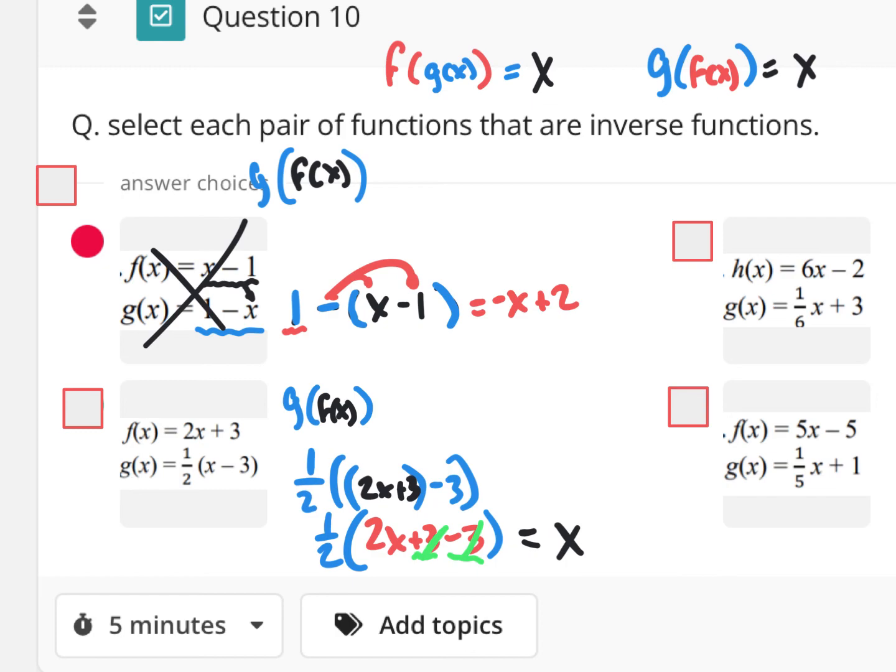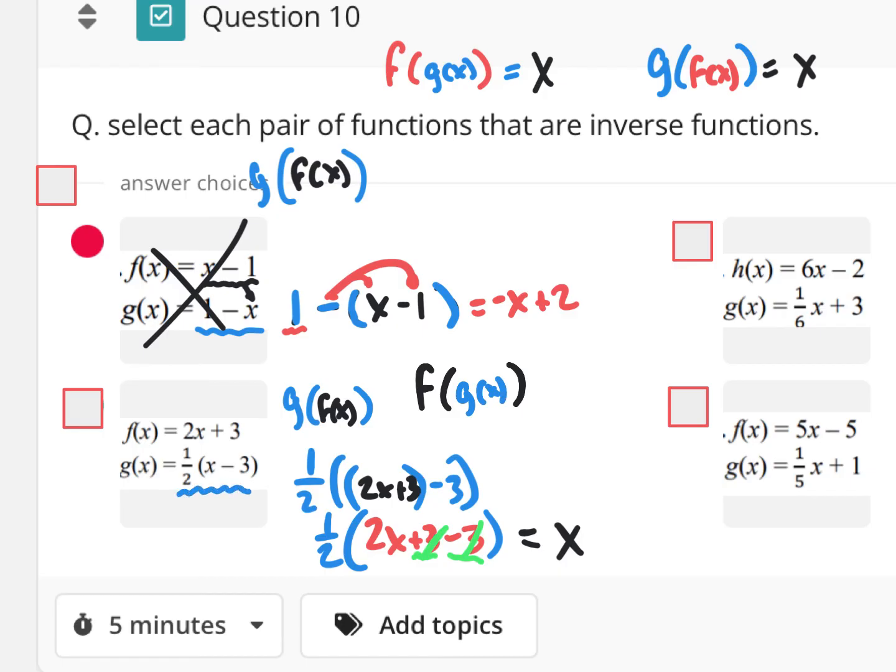What I still need to do is plug it in the other way around. You know how I plugged in the f of x into the g of x? I need to plug in the g of x into the f of x. So let me write that notation. We're going to take the f of x and plug in the g of x right into it.